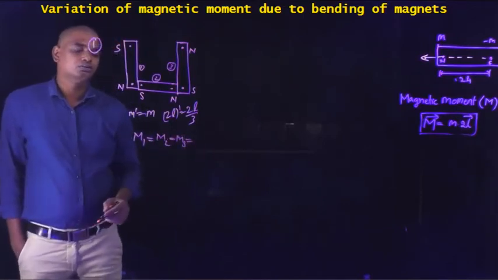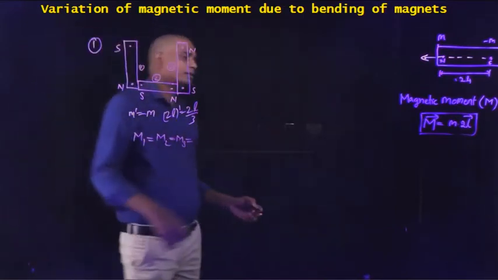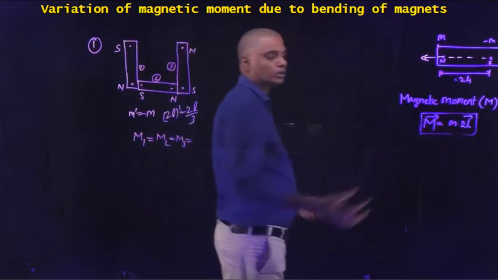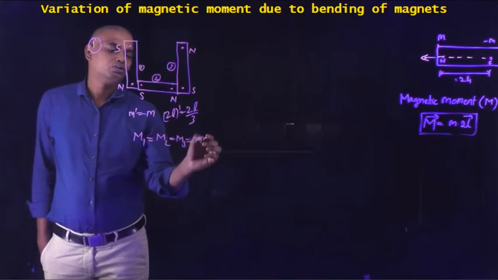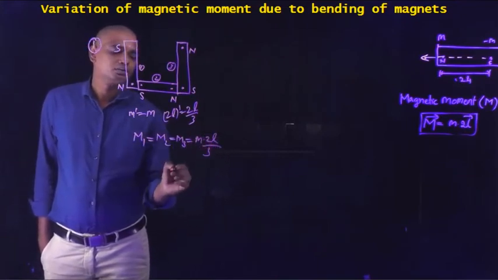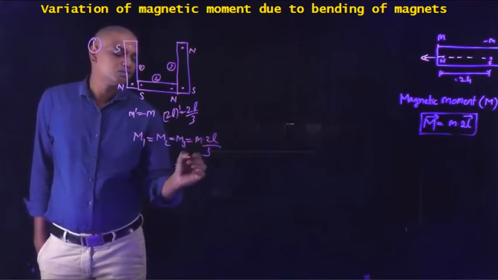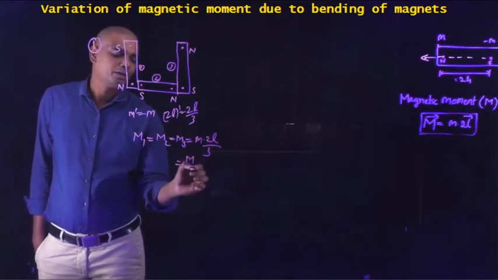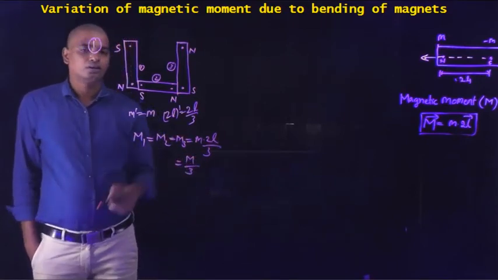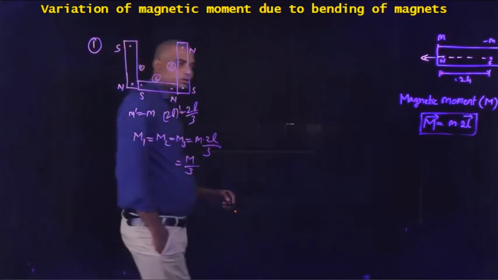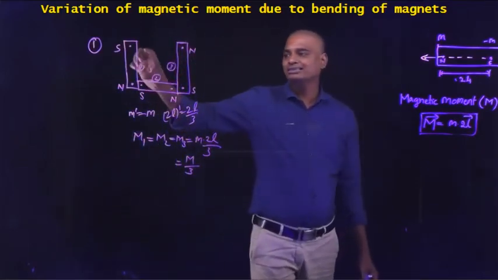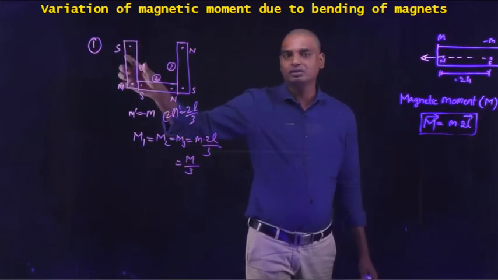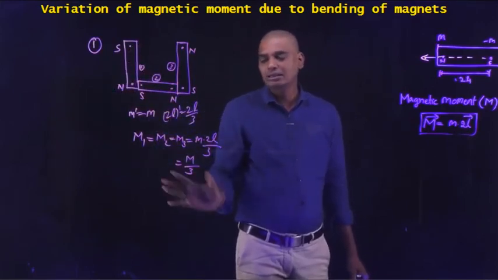From the definition of the magnetic dipole moment, that is m dash into 2L dash, that is m into 2L by 3, which is nothing but capital M by 3. So m1 is equal to m2 is equal to m3 is equal to M by 3. The dipole moment of each segment of the U-shaped magnet is M by 3.